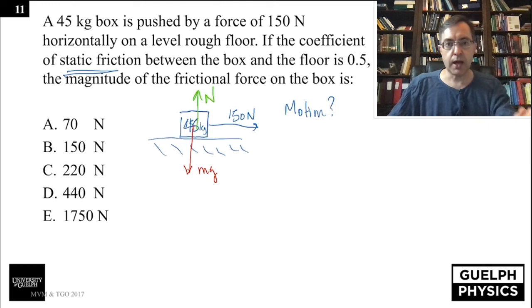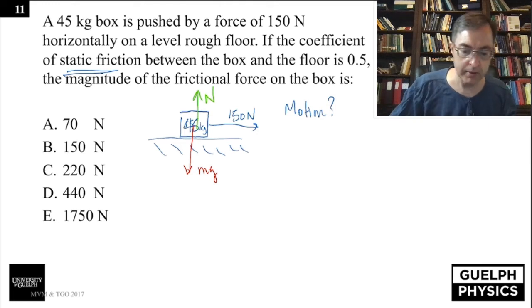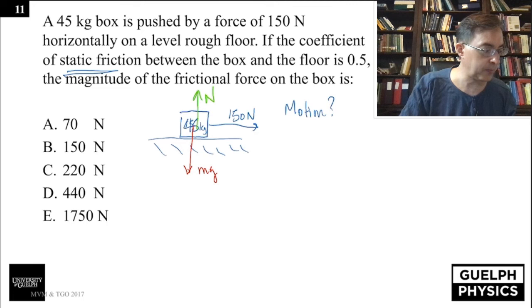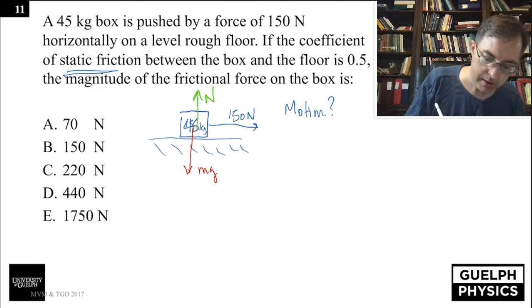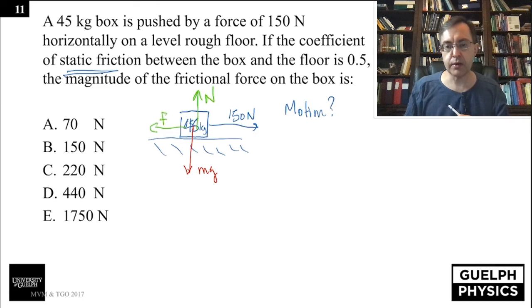And then there will also be a force of friction, F. If the box is moving, it'll oppose the motion. If the box is stationary, it'll oppose the intended motion. It'll compensate for the 150 newtons.